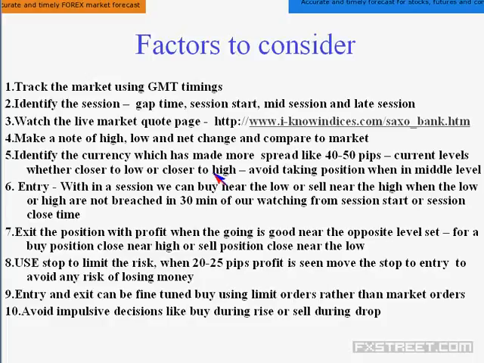Like 13:30, the US session started, and at 14 GMT, they have not breached the low. Now the market is closer to the low, and still it is far away from the high. We know that our initial low will be the target, at the maximum 1.3814 in the case of euro, and so we will try to take a buy and just trail the stop in a profit making position.